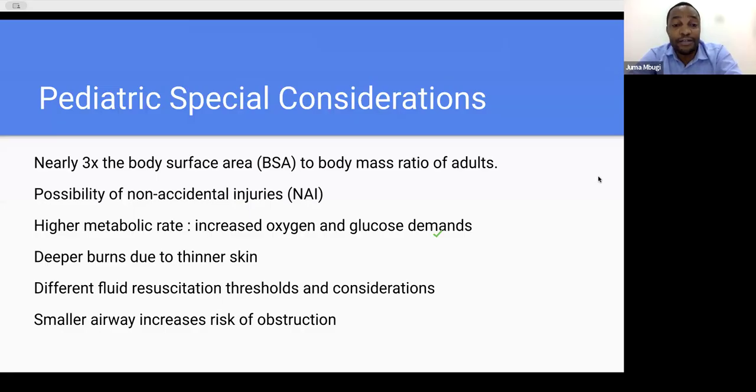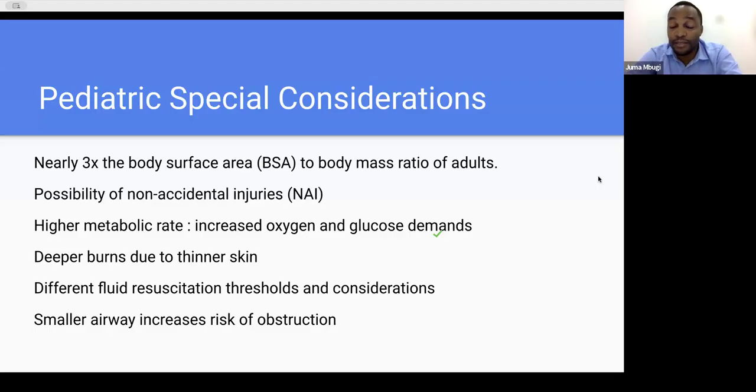And the possibility of non-accidental injuries in children is also something to consider when attending pediatric patients with burn injuries. And children have a higher metabolic rate that increases oxygen demand and glucose demands as well. And deeper burns occur in children because they have thinner skin.